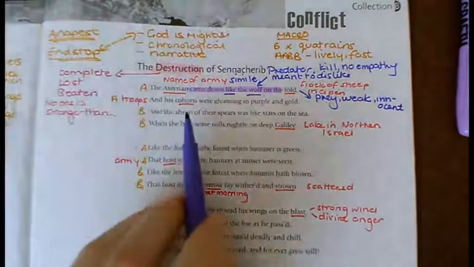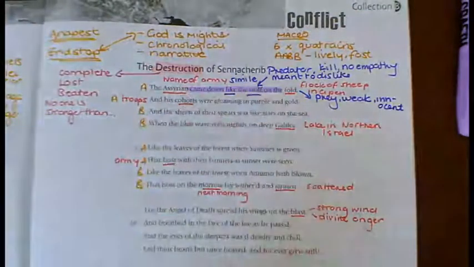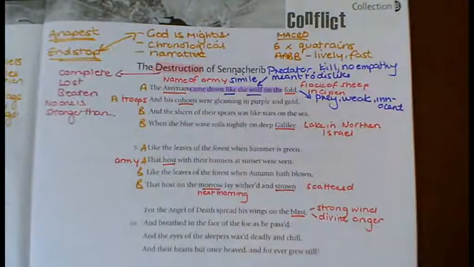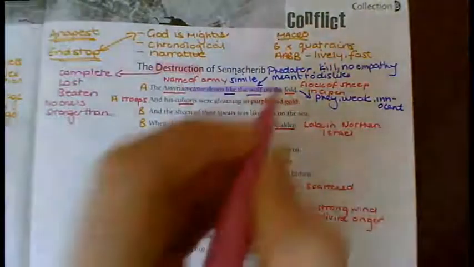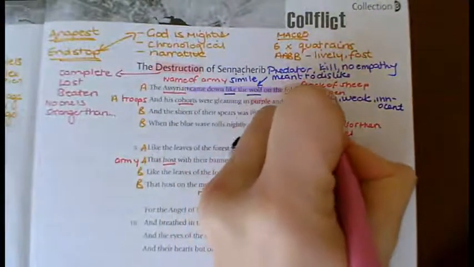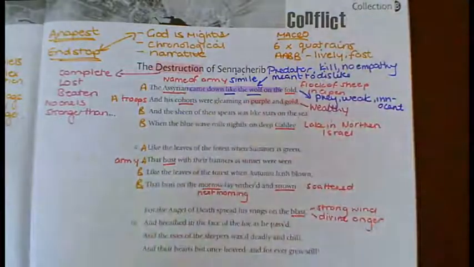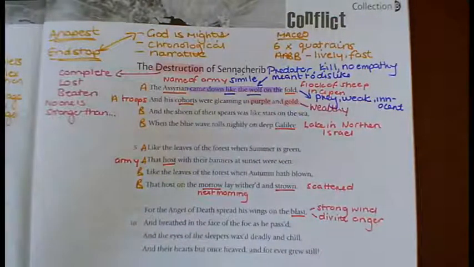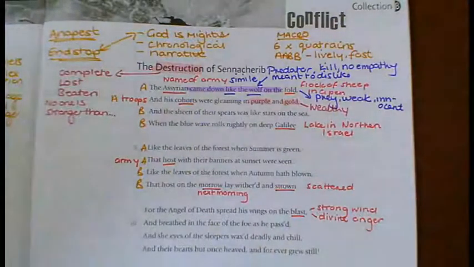Next one, and his cohort, so his troop are gleaming in purple and gold. So here we get the imagery, and I'm going to use my vocabulary colour for this one. The purple and gold. So purple and gold have got connotations of wealth. It taps into that comparison of capitalist culture, particularly relevant today, that money can be anything or be anyone.